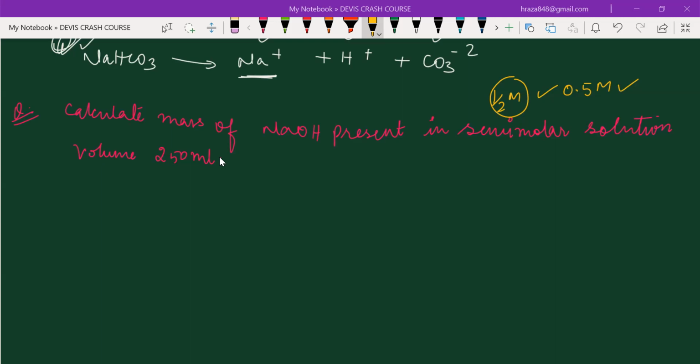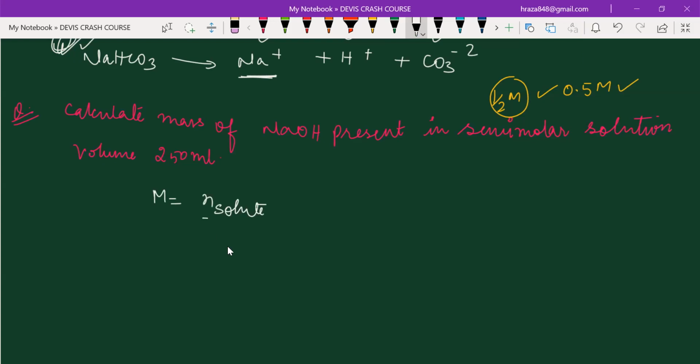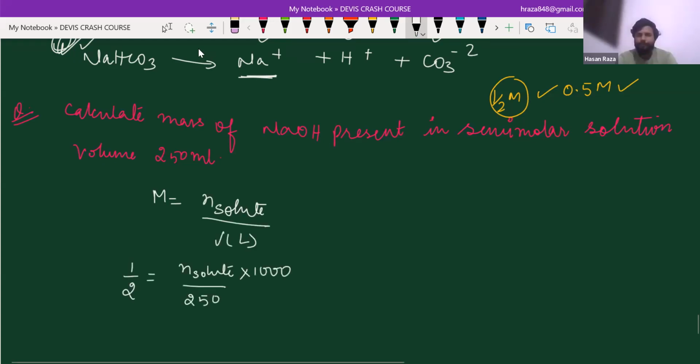Mass is 4 gram. Just let me check it. Molarity as a formula is number of moles of solute upon volume of solution, right? So this has 1 by 2, number of moles of solute, that has a volume 250 mL. So 250 will be here and 1000 will be multiplied in here, right?